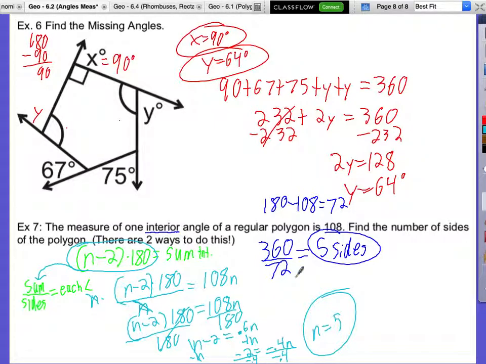What's our nonagon? I'm going to simplify. 9 minus 2. After you multiply, okay.